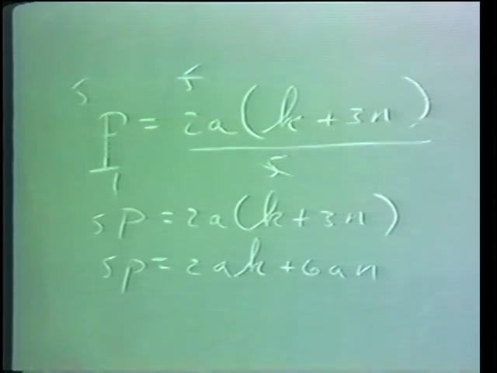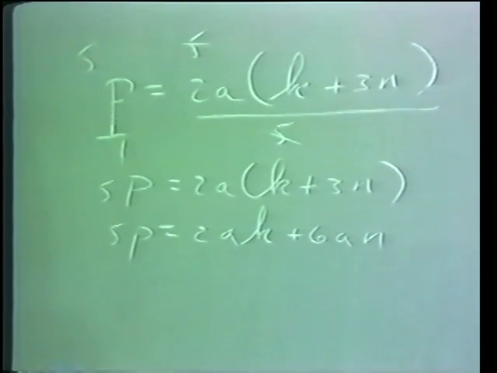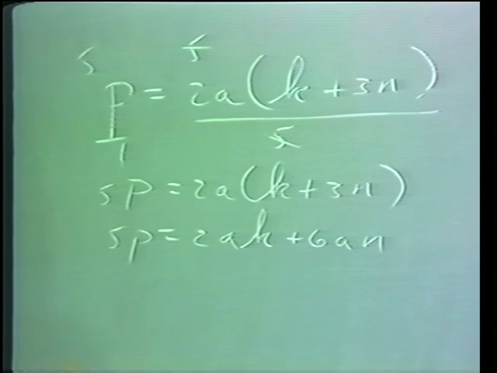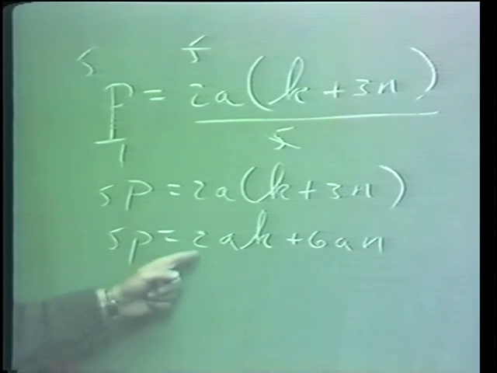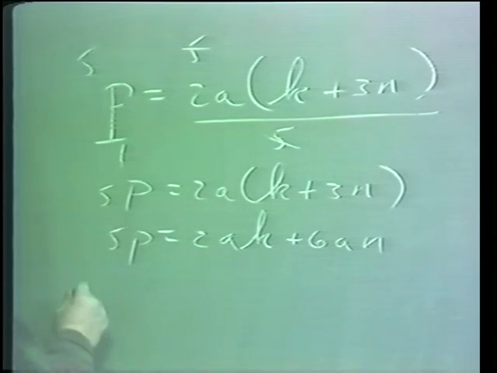Step 4 says get all the terms with your variable on one side. N is our variable. Do we have all the terms with n on one side? We sure do. Step 5 says get every term that doesn't contain this variable off that side. We want all the terms that don't contain n off to that side. So we have to add a negative 2ak to both sides.